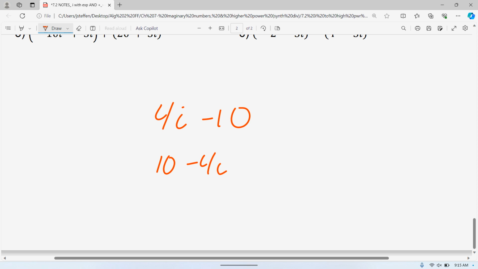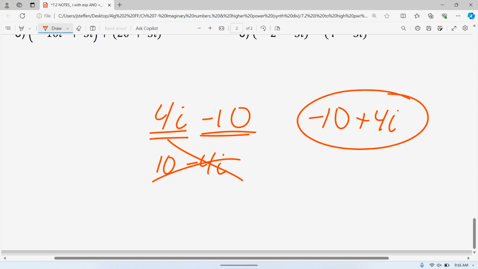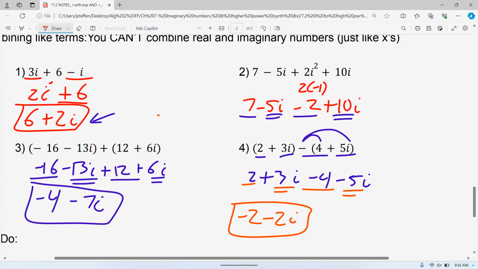Make sure you know that. That's what I was talking about. If you're going to switch the order, that 10 has a minus sign, so it's got to stay with that minus sign. That 4 is positive, so it's got to stay positive. That's how you would change that order. That's kind of what I was hinting at earlier. I tried to talk about it with number 3, but it didn't help a lot. Any questions on this?